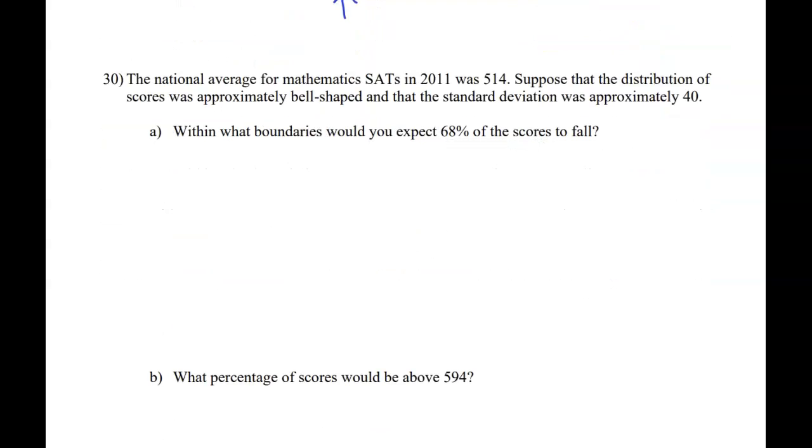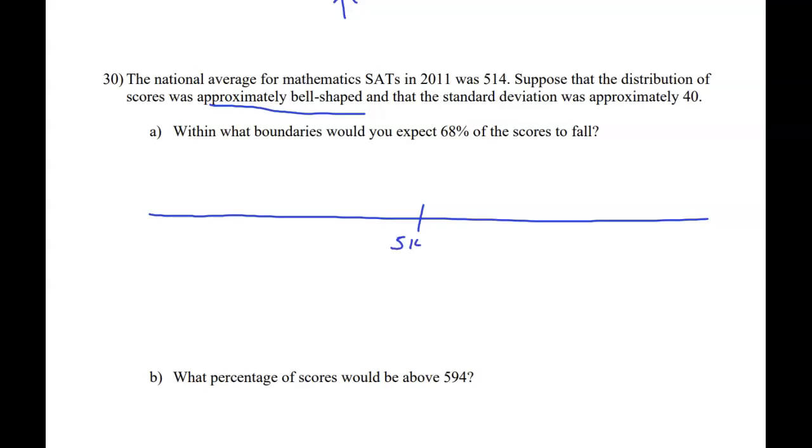Now number 30, notice that we have something that is approximately bell-shaped. When you have anything that is approximately bell-shaped, go ahead and put your mean, which in this case is 514, in the center. And then you're going to do your 1, 2, 3 standard deviations on both sides.